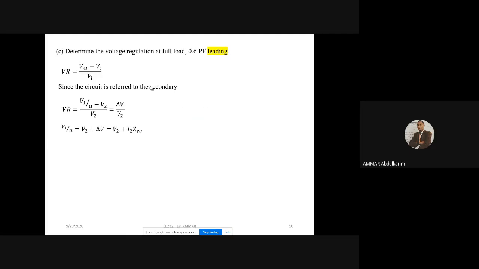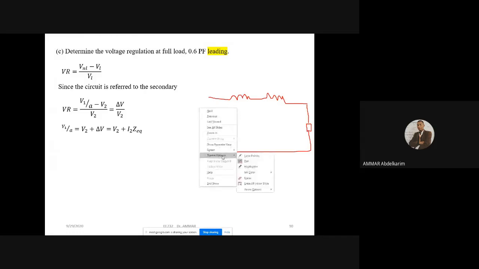Now, using the approximate equivalent circuit, the simplified one, this is the X equivalent and this one is the R equivalent. Here we have a load.